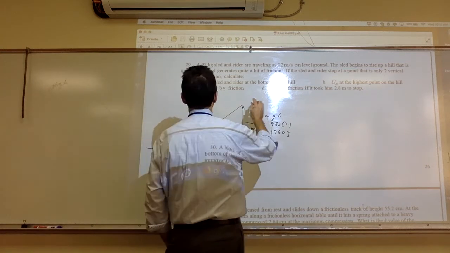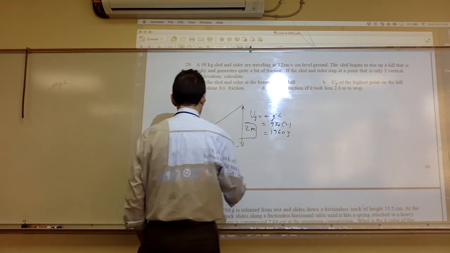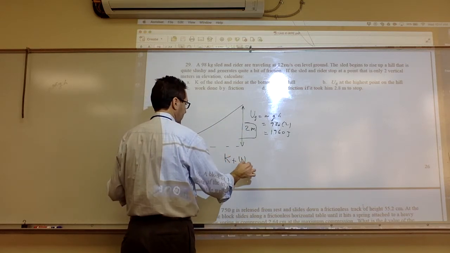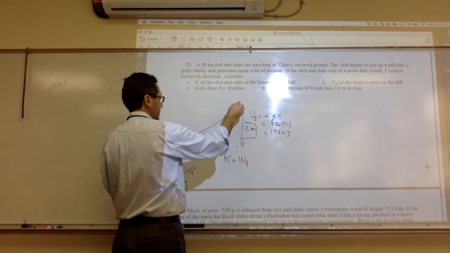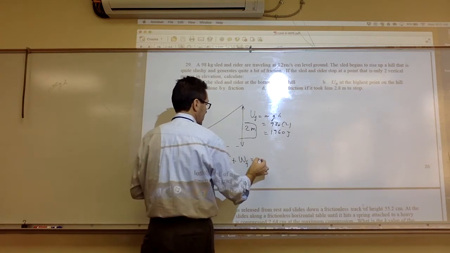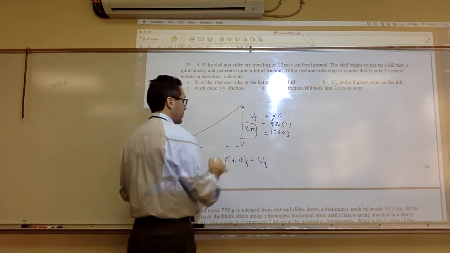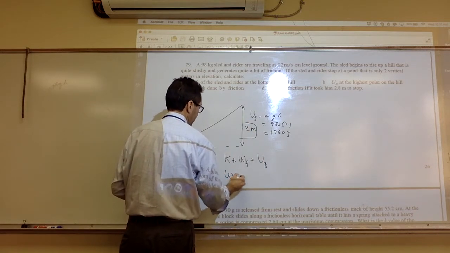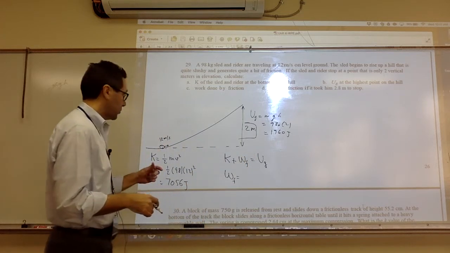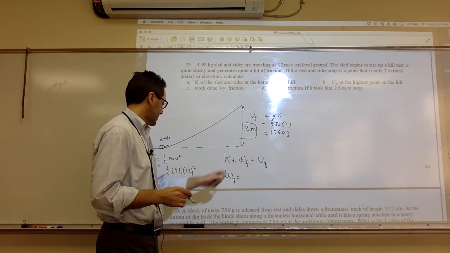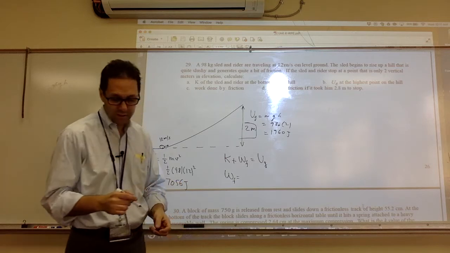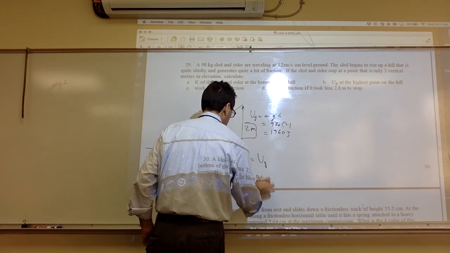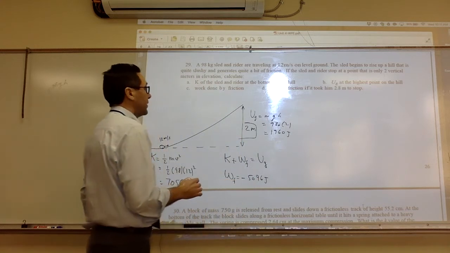The work done by friction: you have your kinetic energy down at the bottom, plus the work done by friction between the bottom of the hill and the top of the hill, equals the only energy you have at the top, which is gravitational. So the work done by friction is the difference of those two, which should be negative. So 1960 minus 7,056, and we should get negative 5096 joules.